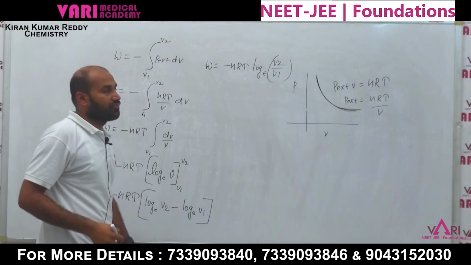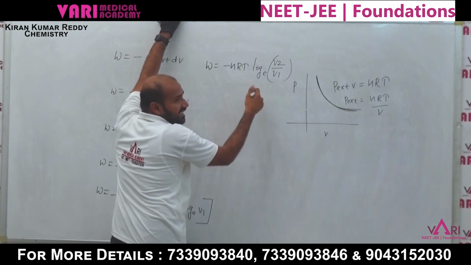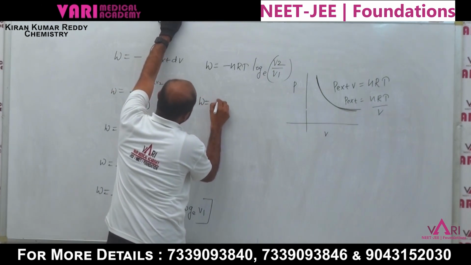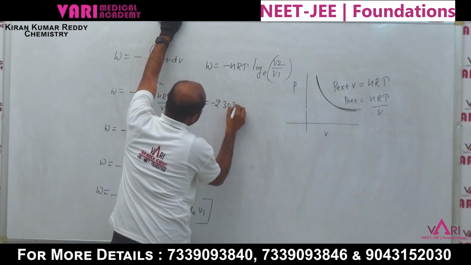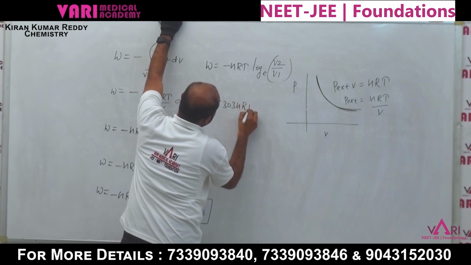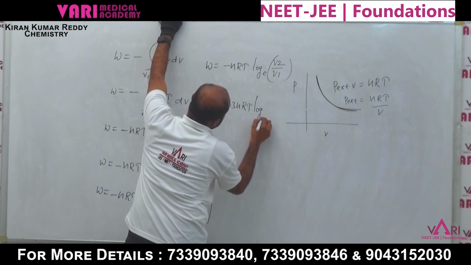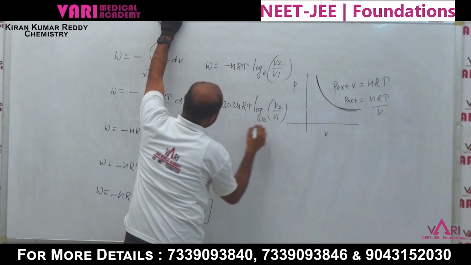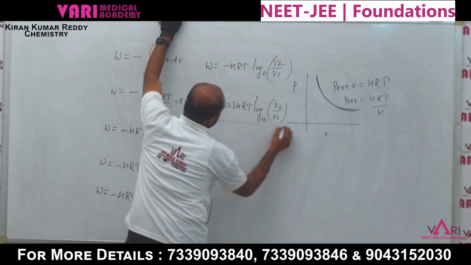Now converting ln to log base 10 is simple: minus 2.303 nRT log base 10 V2 by V1. What is the formula?